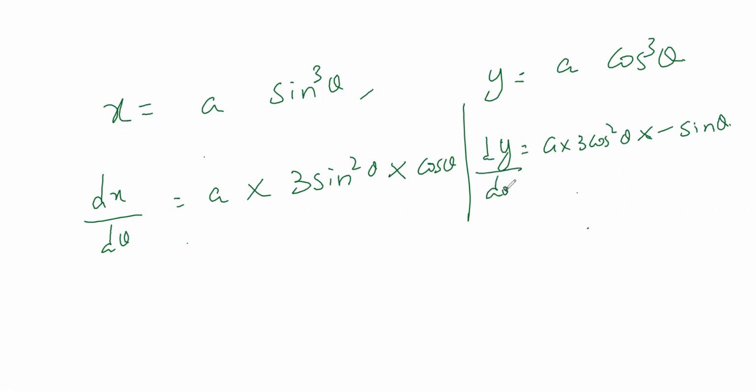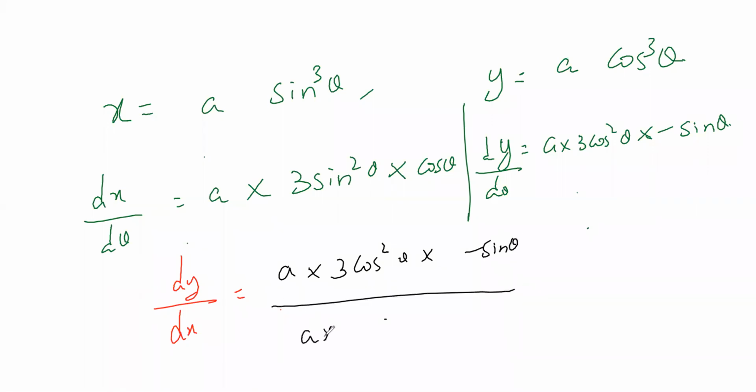Now I can do dy by dx, which is equal to a into 3 cos square theta into minus sine theta by a into 3 sine square theta into cos theta. Now I can cancel these terms. 3 and 3, a and a, sine and one sine will get cancelled, cos and one cos will get cancelled.